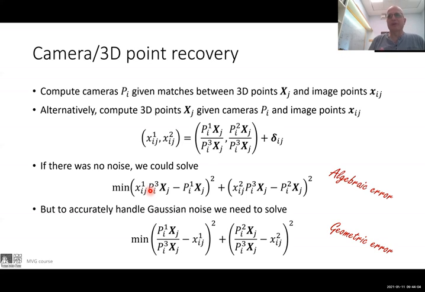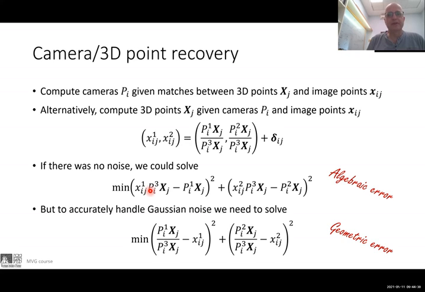So it's like you're taking a distance in a completely new space, which is really in the 3D space, which is unknown. So the error here does not correspond to any sort of sensible probabilistic model of your measurements. And that's why we call it an algebraic error. Okay, so it's motivated by algebra, not by the geometry of the problem.